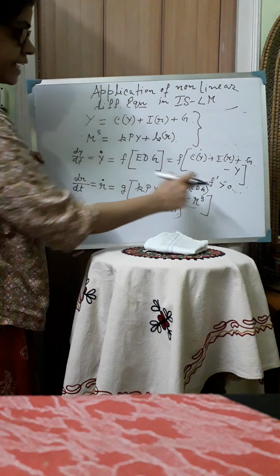Now for reducing this total demand for money, L2(R) needs to be reduced, and for reducing L2(R), R needs to be increased. So in that case, R dot will rise if there is excess demand for money. So basically here G dash is greater than 0. So what we are getting, F dash is greater than 0 and G dash is also greater than 0.